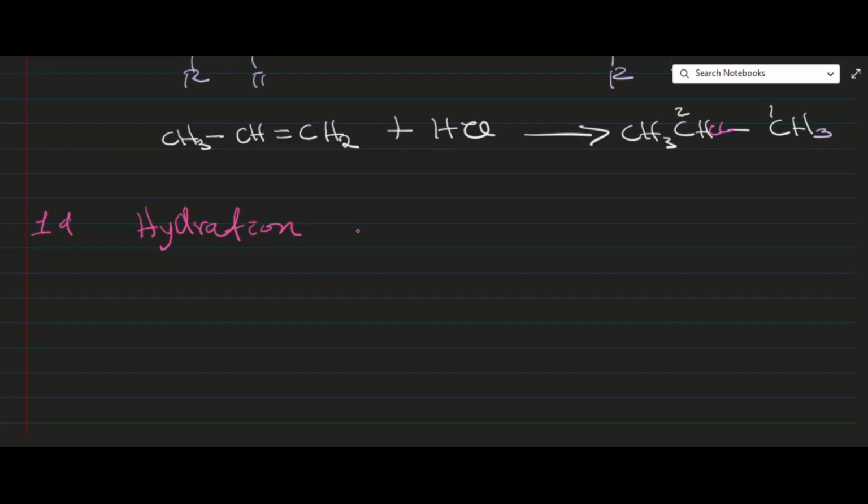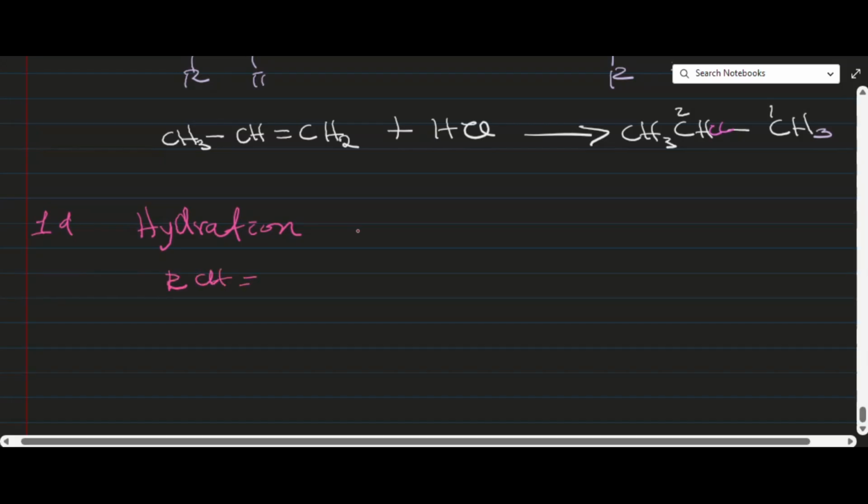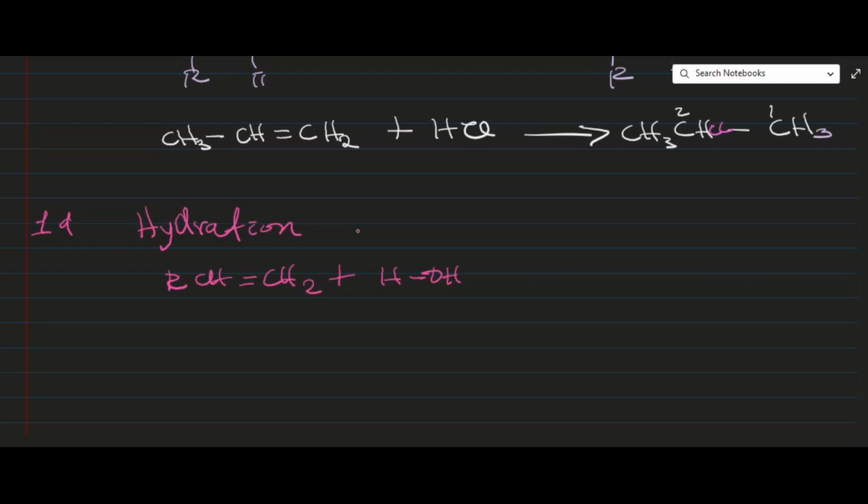So we have our RCH double bond CH2 reacting with water. I will write the water like this so you understand how the reaction goes, and then our acid catalyst, you can just write H+ like this.